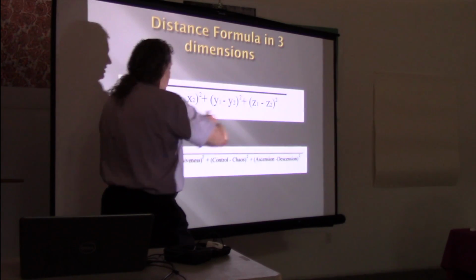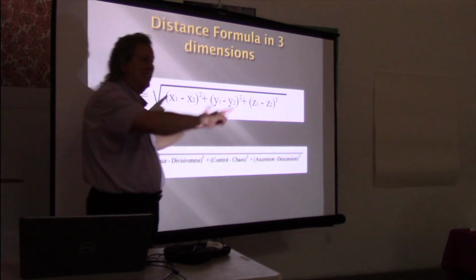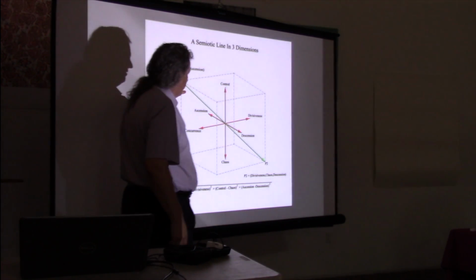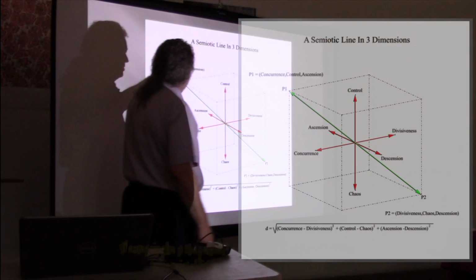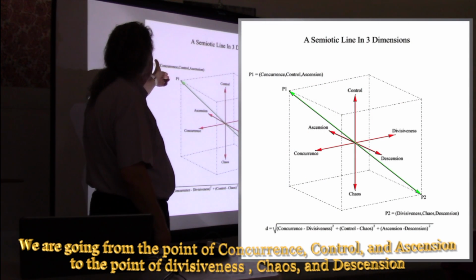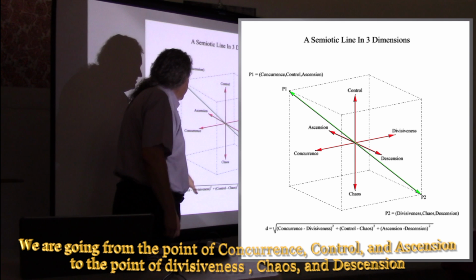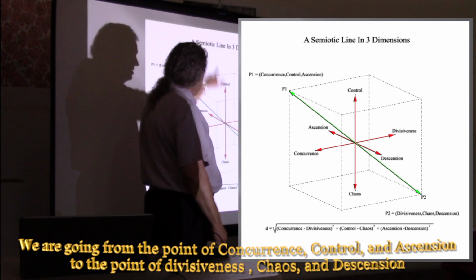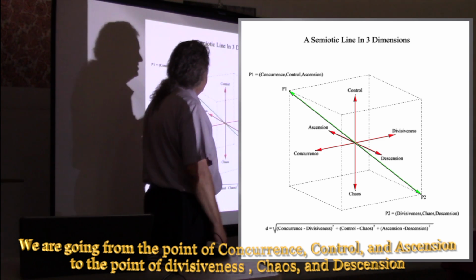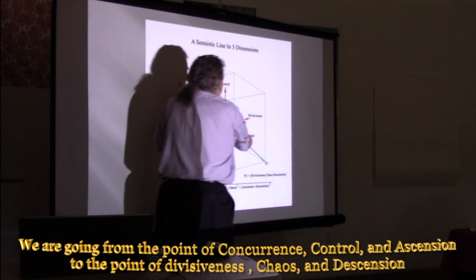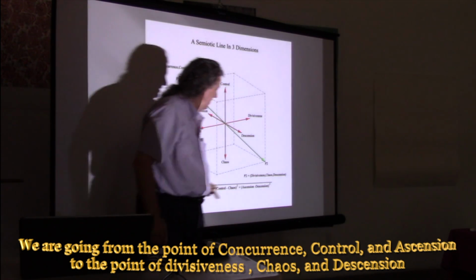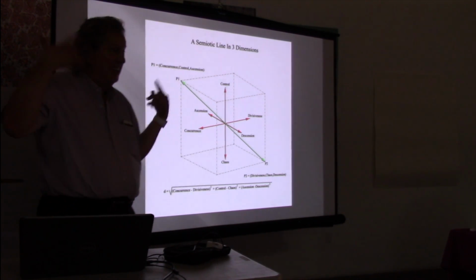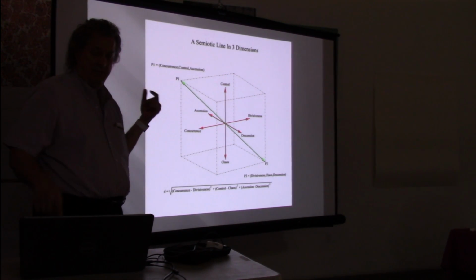And here is the way it would look. Here's a point from point 1 to point 2. We're going from concurrence and divisiveness, this axis, chaos and control, and ascension and descension. And so we can calculate a point, the distance of that point through these spaces, and get a feeling of these concepts.